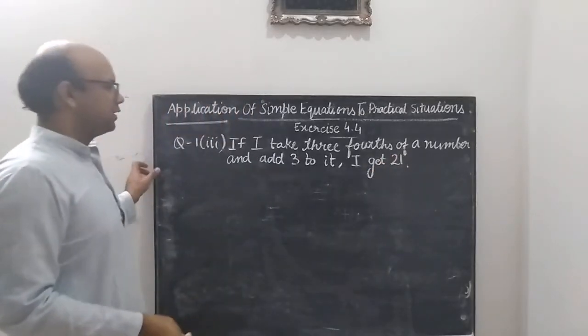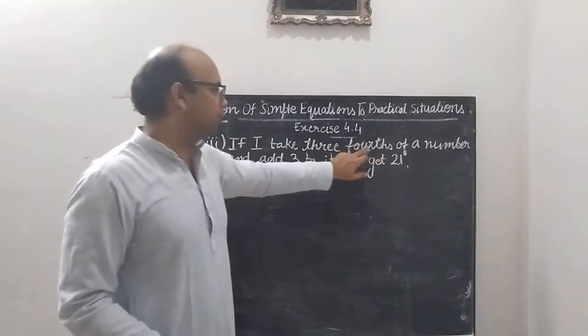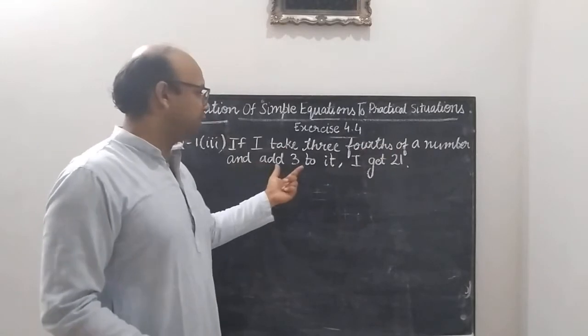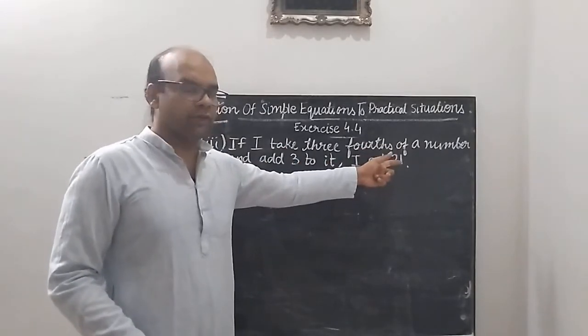This is what the question says. If I take 3/4 of a number and add 3 to it, I get 21.